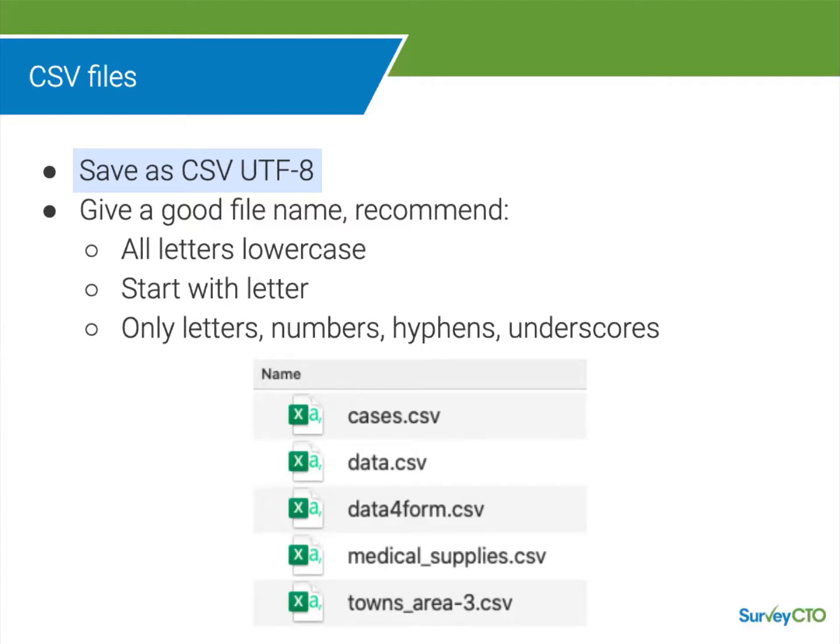This is a Unicode format which can properly store most kinds of text, including non-Latin scripts such as Hindi and Arabic letters. When naming your CSV for SurveyCTO, there are not a lot of rules, but we recommend the name is all lowercase, starts with a letter, and only uses letters, numbers, hyphens, and underscores. The names you see in this list would all be great.